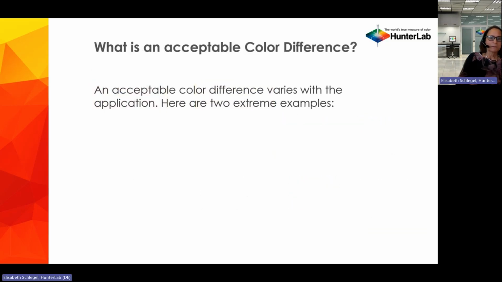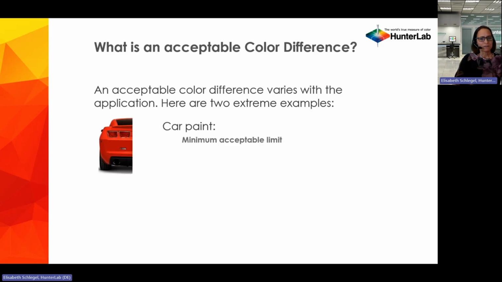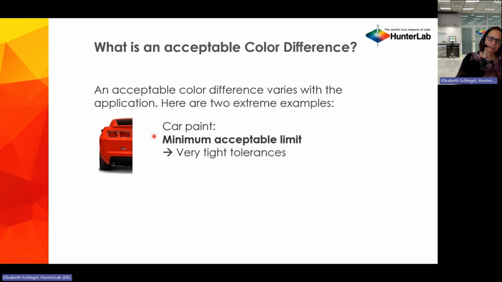So then, of course, you will ask, what is an acceptable color difference for my application? And the answer is we can't give you an answer because it very much depends on your application, on your products. So I have two extreme examples here. If you look at car paint, we have very tight tolerances. So it's the minimum acceptable limit.